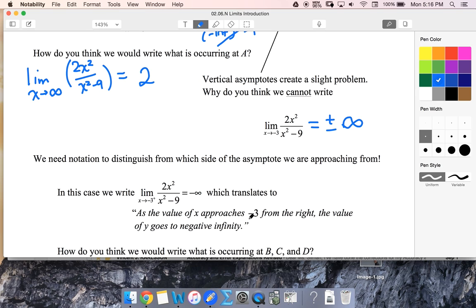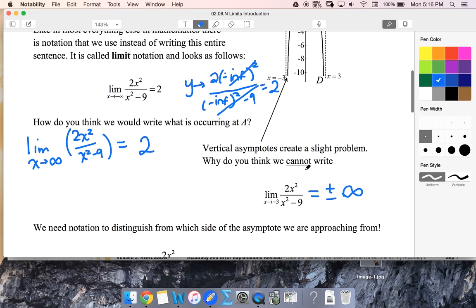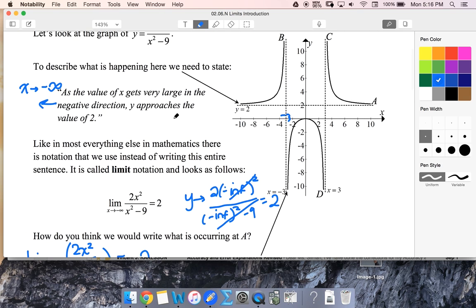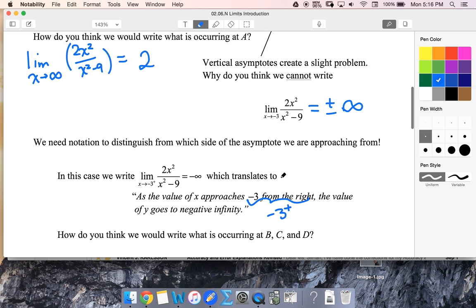So here, negative 3 from the right, that's negative 3 on the positive side. So looking up at our graph, negative 3 from the positive side, that's to the right. As we go towards negative 3 from the positive side, our y value is going towards negative infinity.